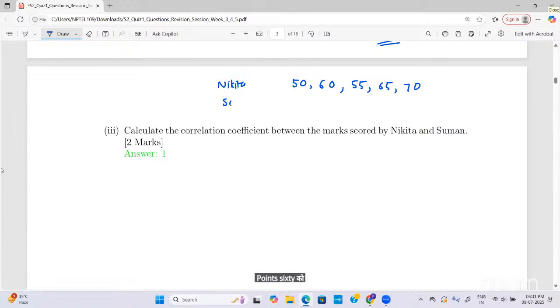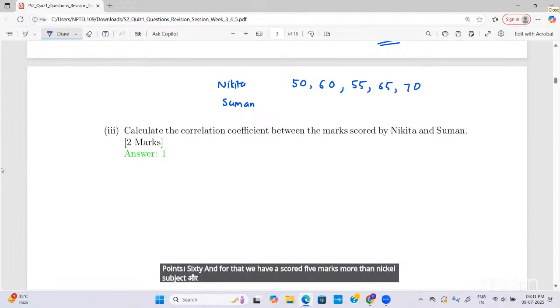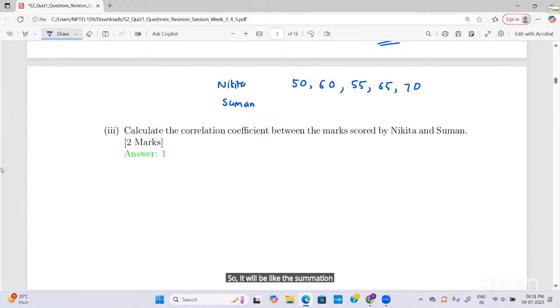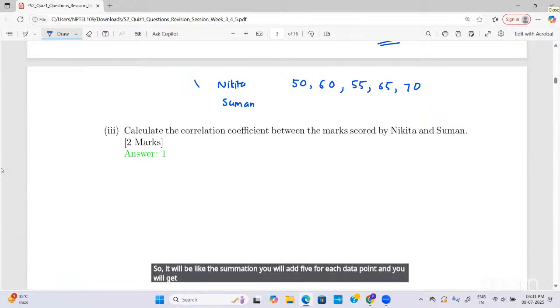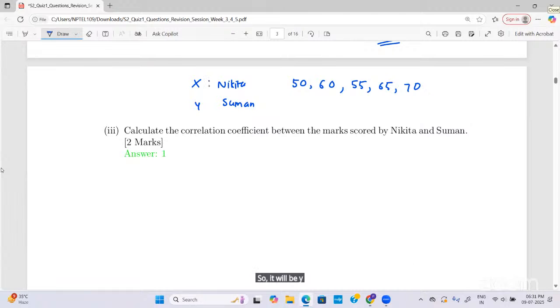And for Suman, it was written that he has scored 5 marks more than Nikita in each subject. So you will add 5 to each data point. Suppose this is X, then this will be Y, and then you can calculate the correlation coefficient.